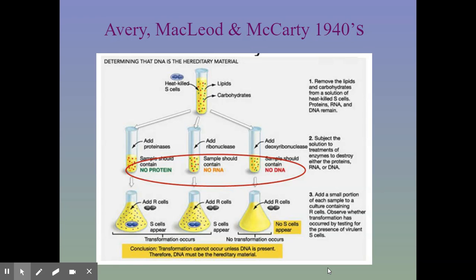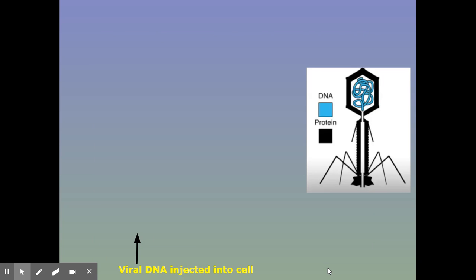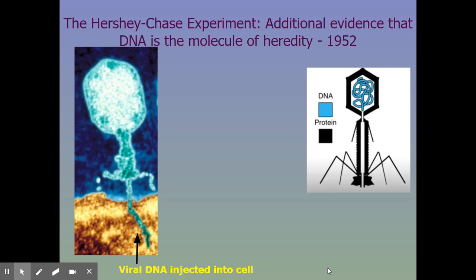And this one pretty much put the nail in the coffin, but still it was not good enough for many scientists. So finally, what came along was the Hershey-Chase experiments in 1952.